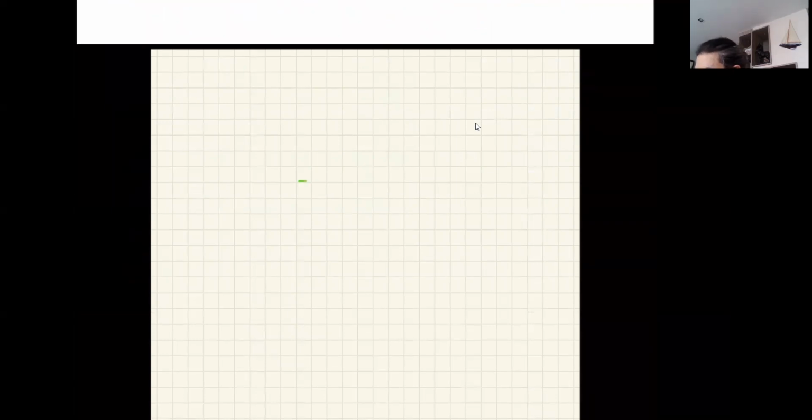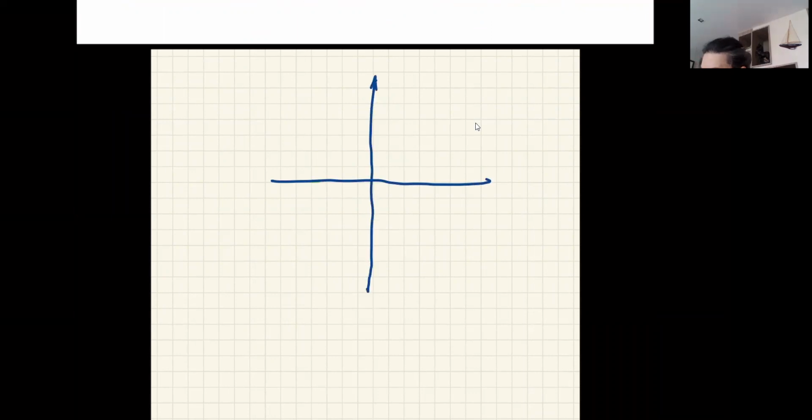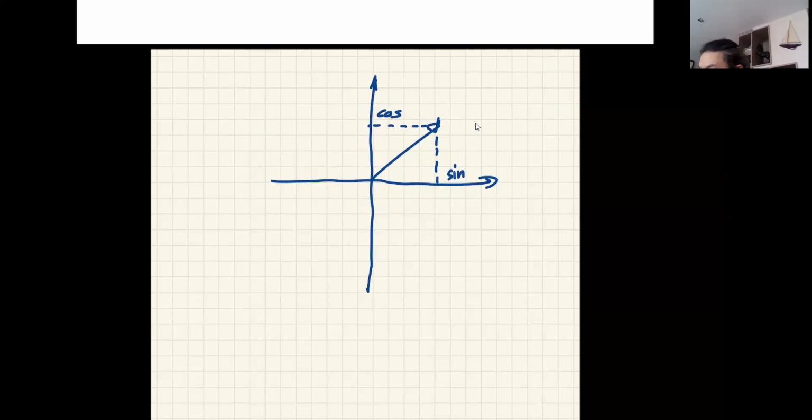I had a very good math teacher. I owe him a lot in my life. He said, okay, this is the quadrant system. If your vector is in the first quadrant, sine is the x value, and that's cosine, right? So sine is x, cosine is y.